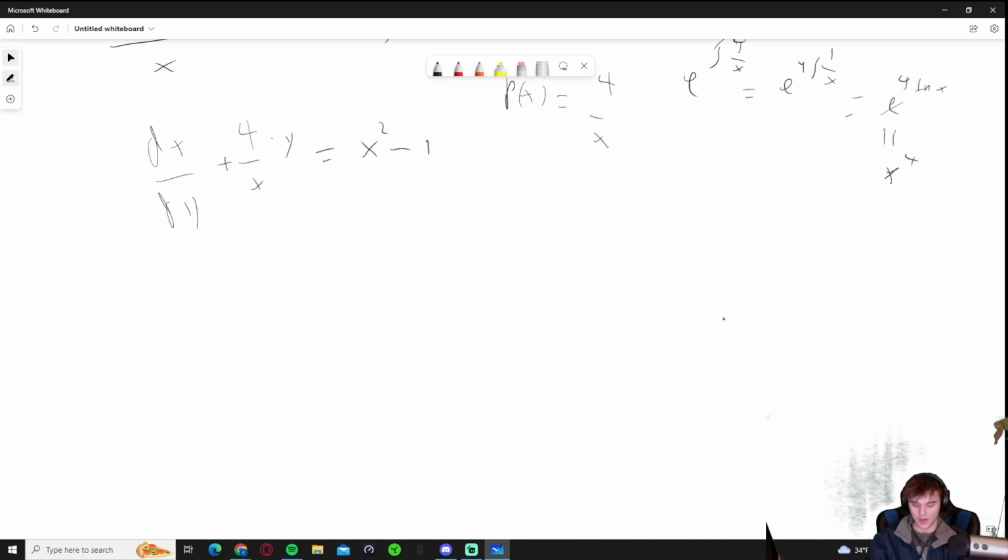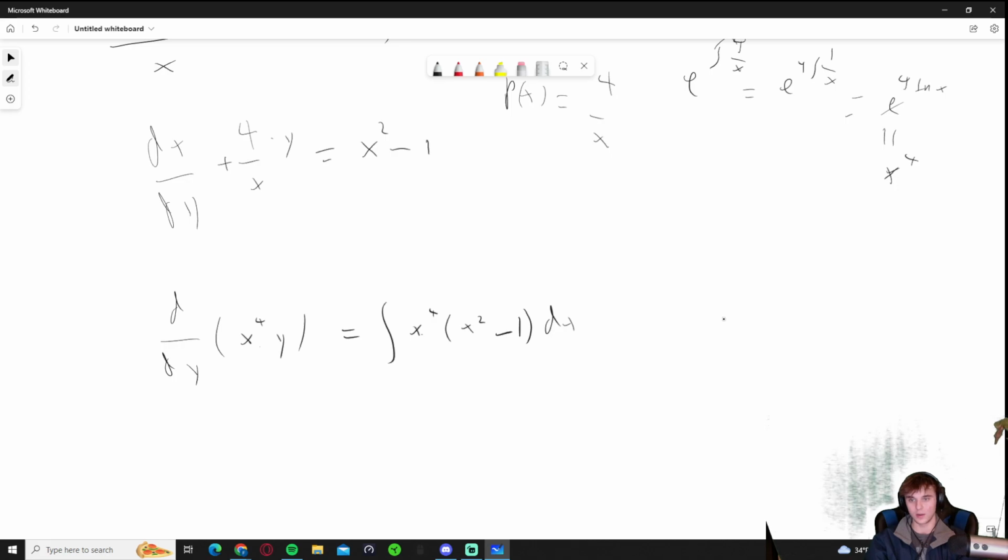So then we put it back into our equation to solve it, which is d over dx of e to the integral of p of x, which is just x to the 4th, times y, equals the integral of x to the 4th times x squared minus 1 dx.